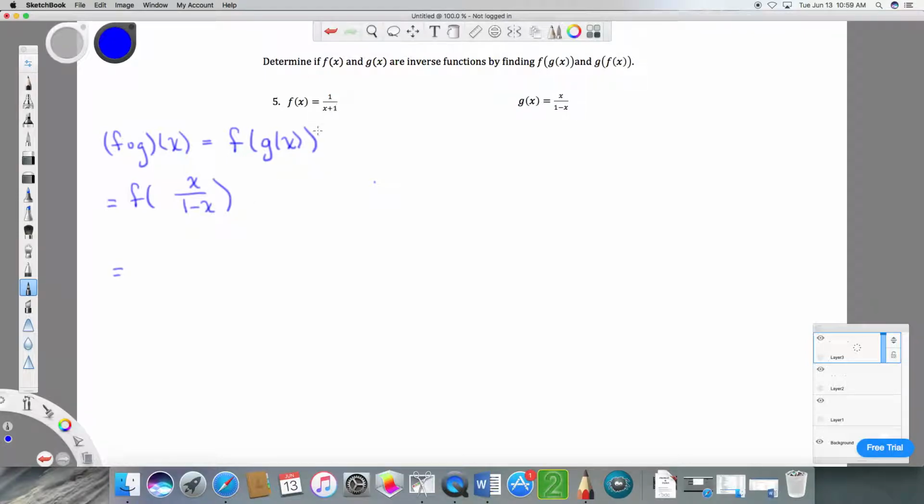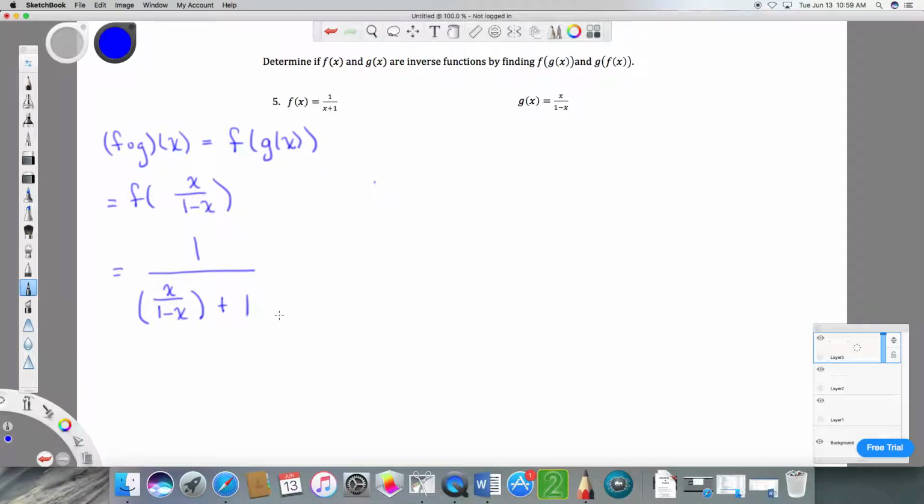So what does this function f do to the input? This function f always has a 1 in the numerator, and in the denominator, it always takes the input, no matter what it is, and adds 1 to it. Well, this time, our input is x over 1 minus x.